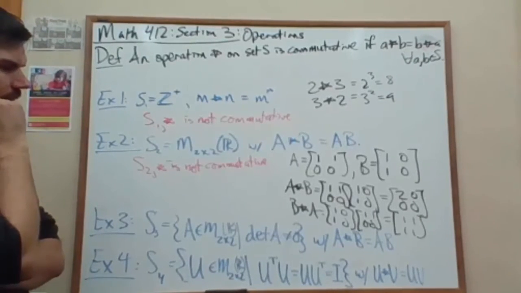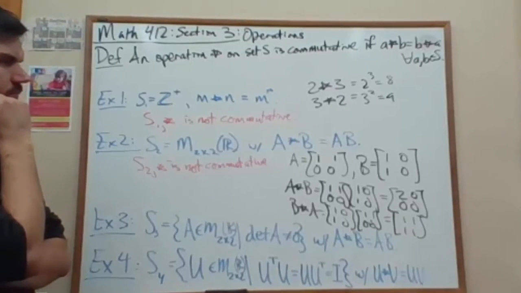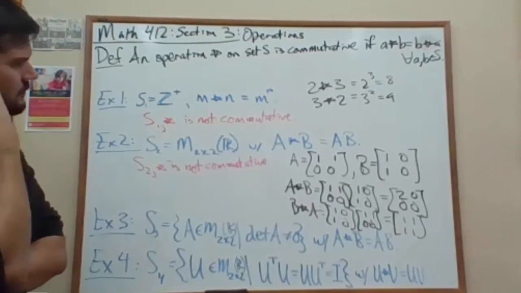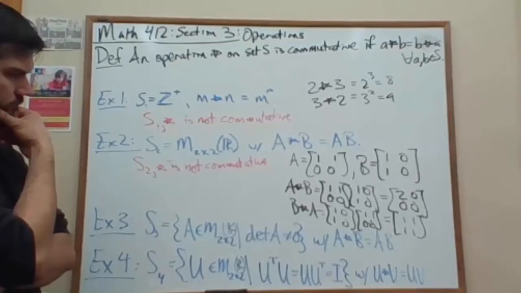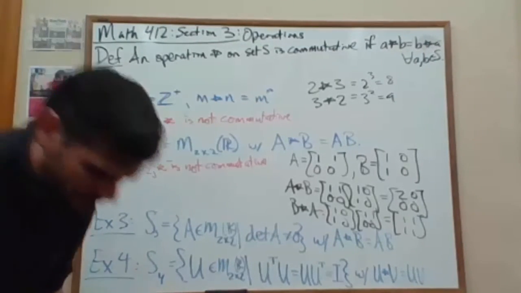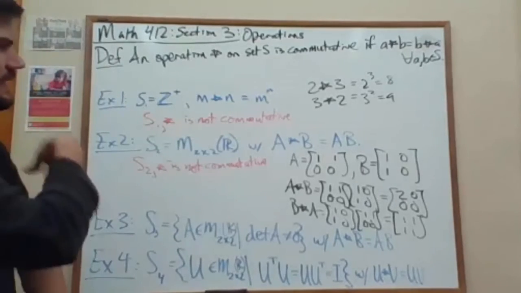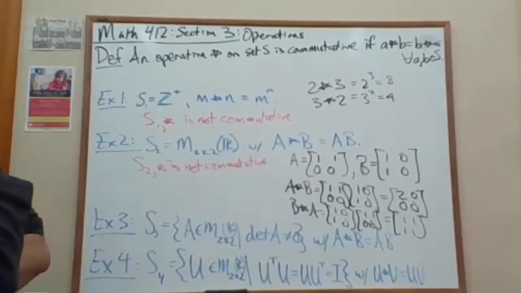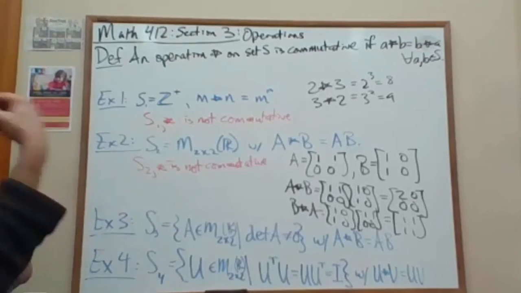That's not really helping us. Well, this last example had matrices with determinant equal to 0 because they were simple.